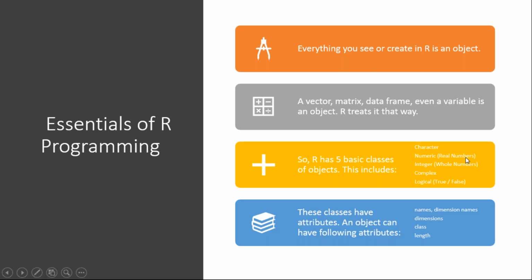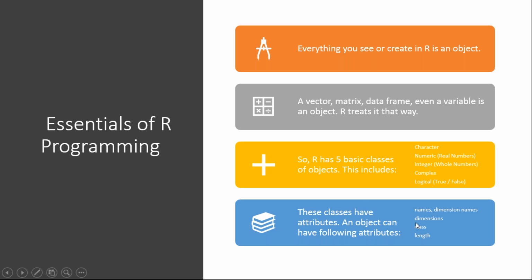Numeric type will store real numbers, whereas integers will store whole numbers. Then complex numbers, and then logical true or false values. And whatever we store into R is called an object, whether it's a vector, matrix, data frame, even a variable also. R treats them all as objects.